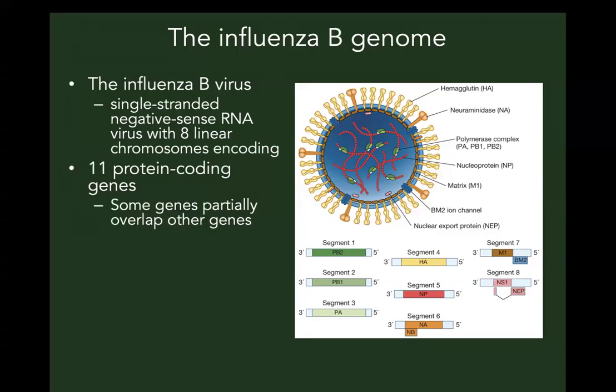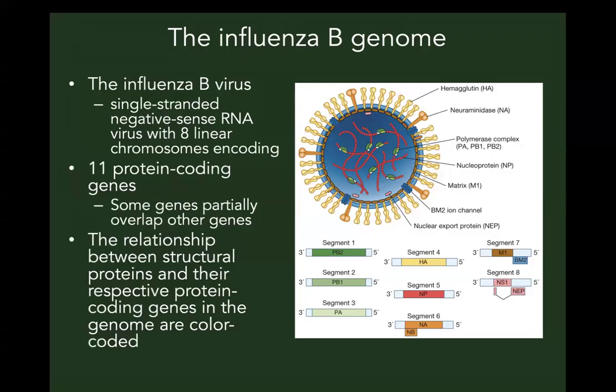They encode 11 protein coding genes, which we can see here. One interesting thing about the influenza genome is that some of the genes partially overlap with other genes, so you can get different protein products depending on how they're read.